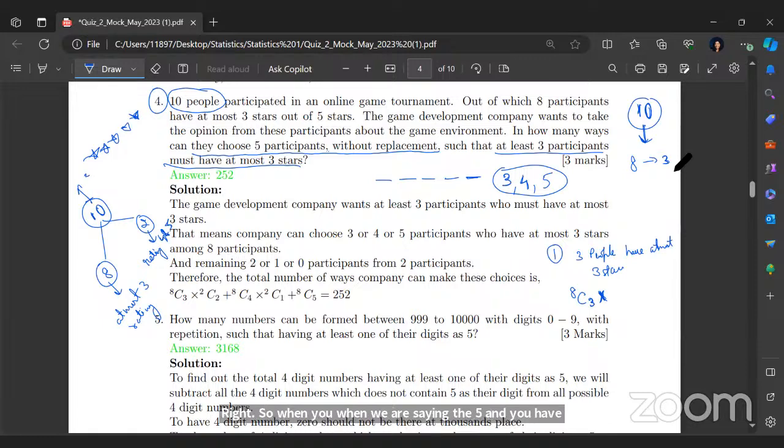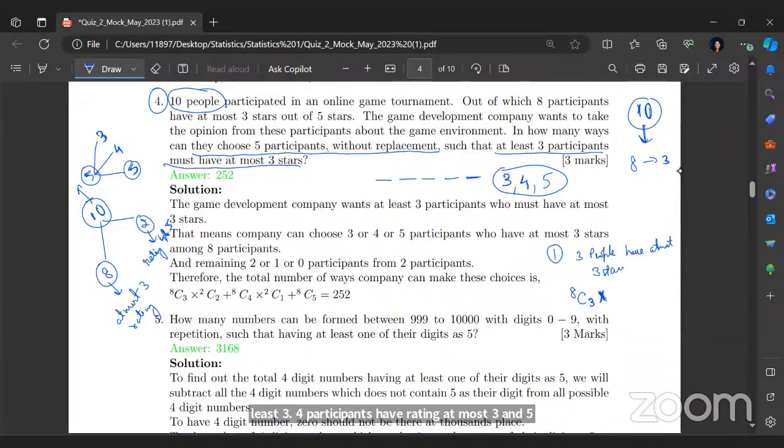So when you have to choose 5 people finally, there are 3 possibilities. One is 3 people coming from the group with rating at most 3, another is 4 participants with rating at most 3, and the third is 5 participants with rating at most 3, right?